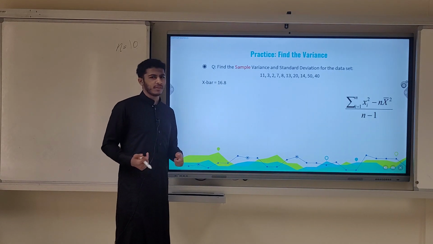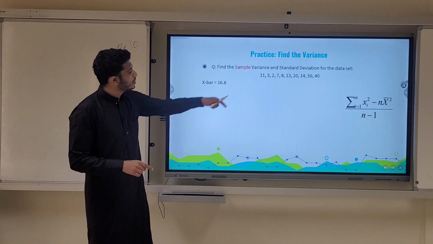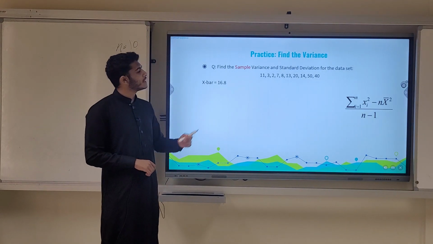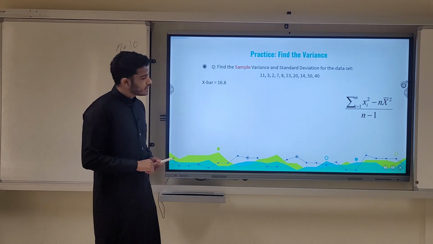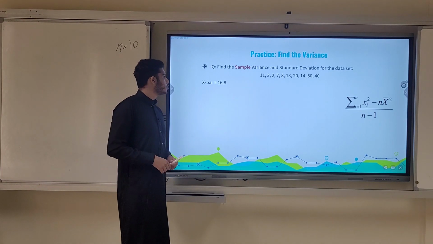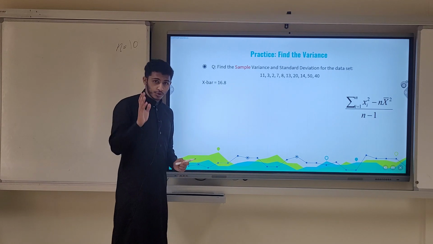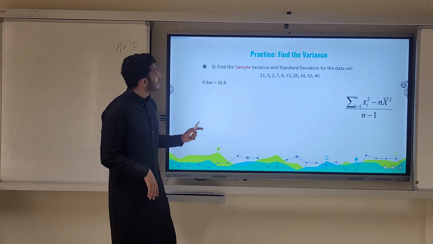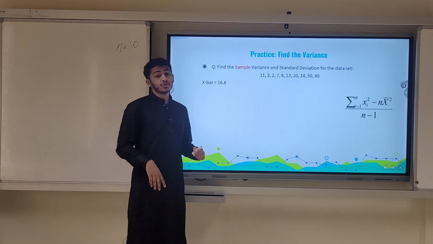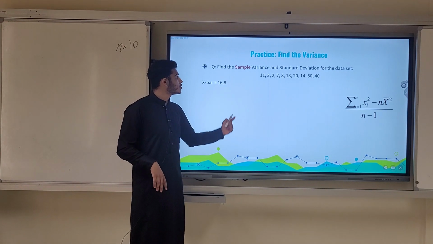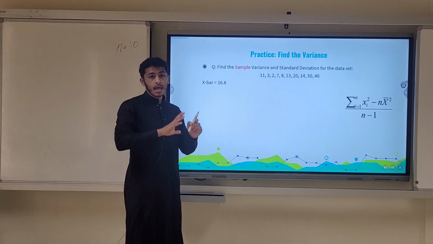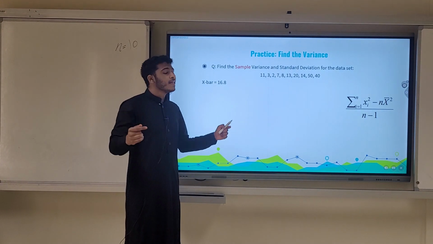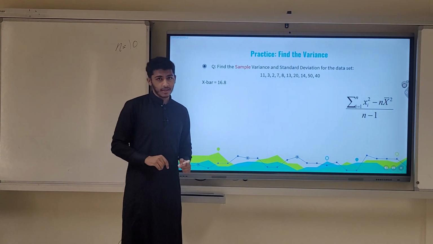We almost have everything. We just have this argument, the sigma xi squared. So how do we solve for this argument? Well, it is extremely simple. You take each element in the data set, for example this 11, you square it, and then you take the 3 and square it, and you take this 2 and square it, and you square each and every single element in the data set by itself, and only then you add them together.